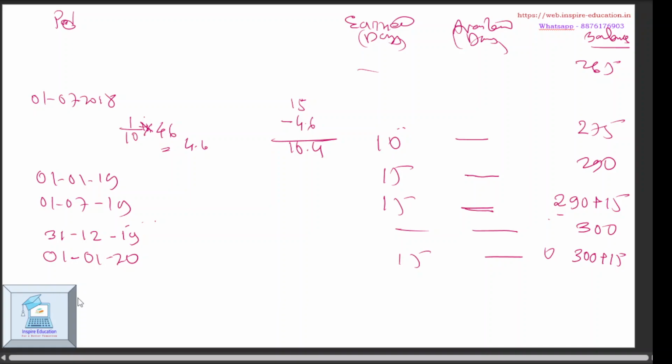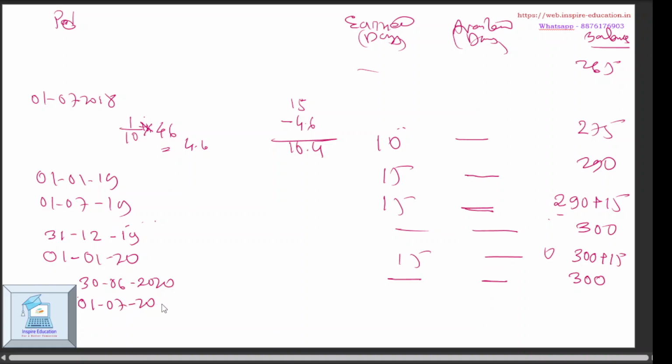Again, before on 1/7/2020 also there will be 15 days given. So before that, on 30/6/2020, we will give 300 days, instead of this 15 days actually nullifies.